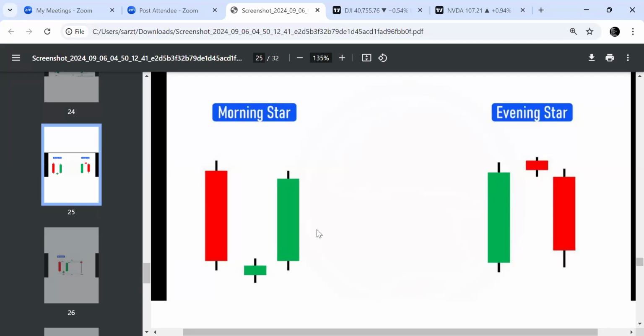The third candle is a strong bullish candle, confirming the bullish reversal. It shows that the bulls have taken over control, pushing the price higher. To better understand this process, you can think of price action like driving a car.